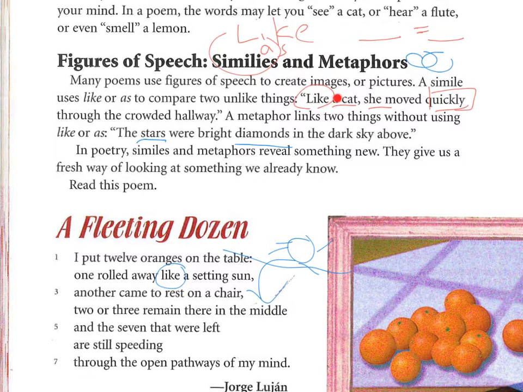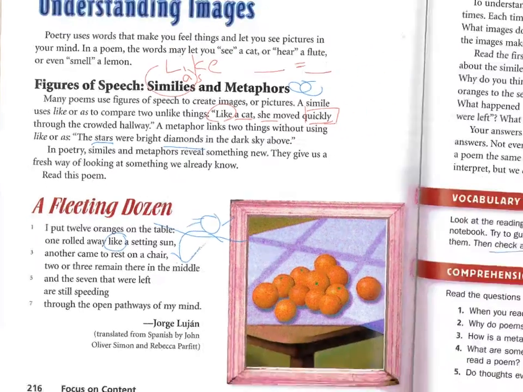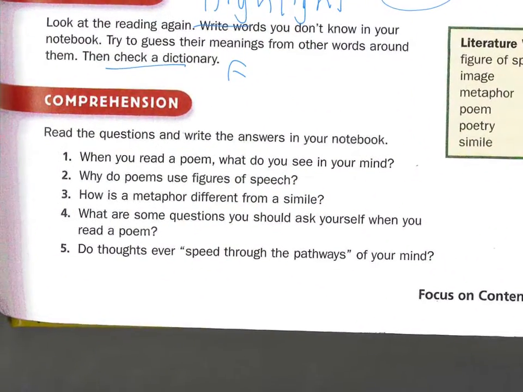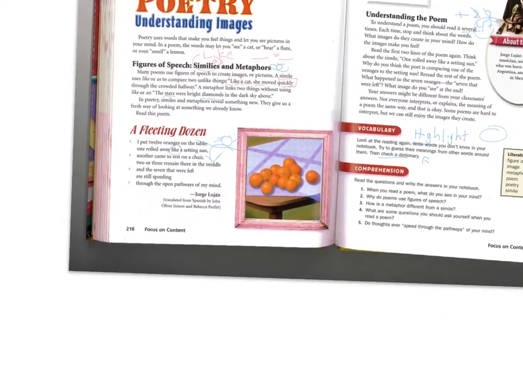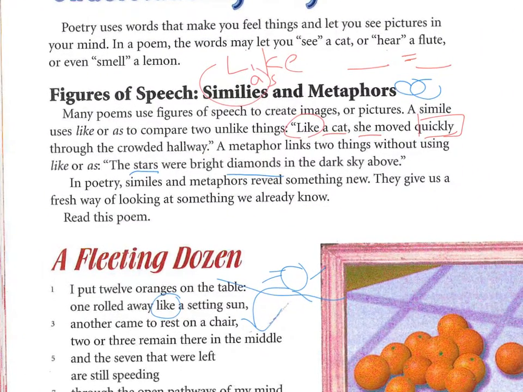To create images and to reveal something new, to give us a fresh way of looking at something. How is a metaphor different from a simile? A simile uses like and as to compare two unlike things, and metaphors do not.